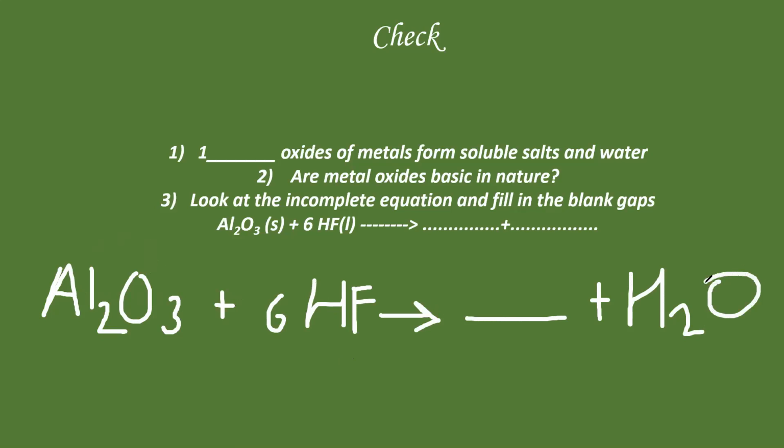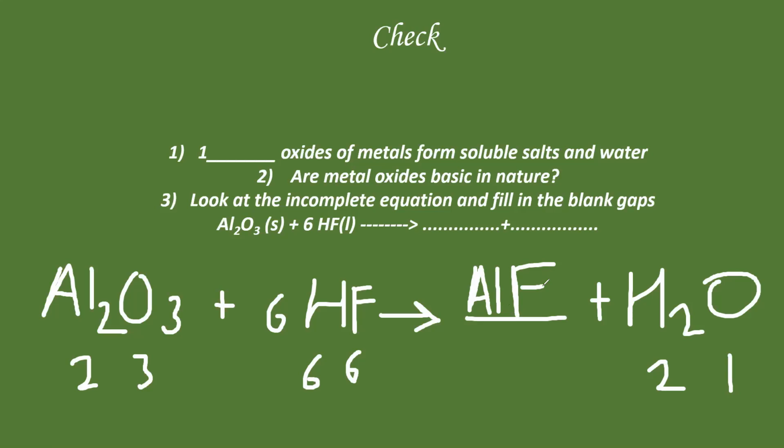Now nothing but use the tally method. I have 2 aluminum, 3 oxygen, 6 hydrogen and 6 fluorine on one side. On the other side I have 2 hydrogen and 1 oxygen. So obviously I need aluminum over here, and I also need F over here.